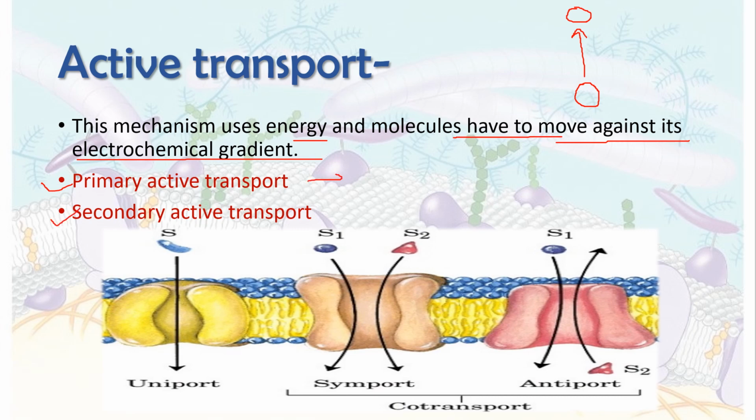In primary active transport, the molecule directly uses ATP to cross the membrane layer. So if only one molecule, like this molecule, is using direct energy from ATP hydrolysis, ATP gets hydrolyzed and becomes ADP.